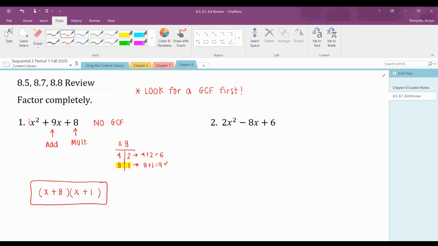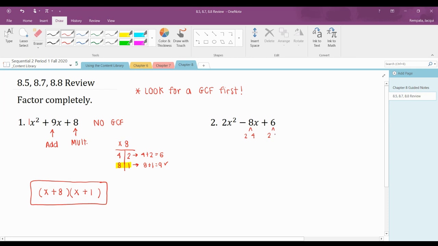If I look at the second one, once again, the very first step is to look for a GCF. I see that they all have a number, something other than 1. I see that 2 is the smallest number. Can I multiply 2 times something to get 8? Yes, 2 times 4 multiplies to 8. Can I multiply 2 times something to get 6?